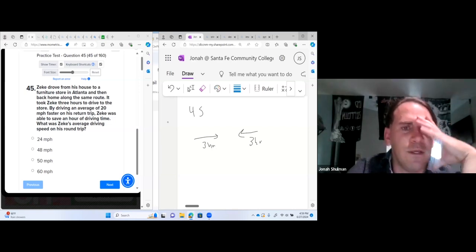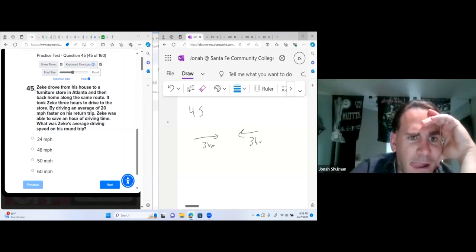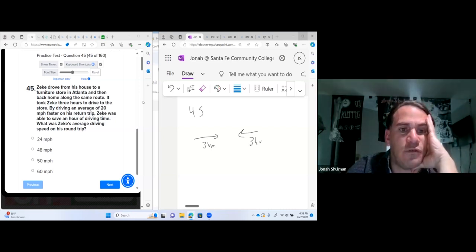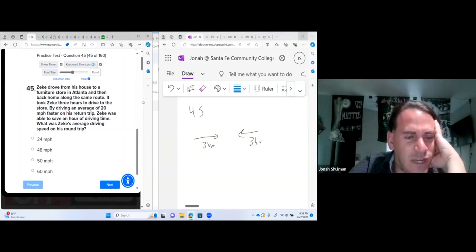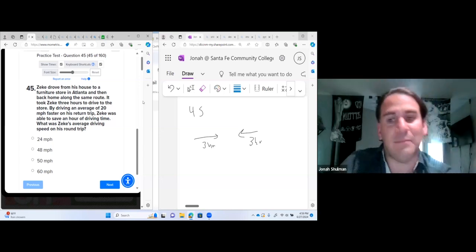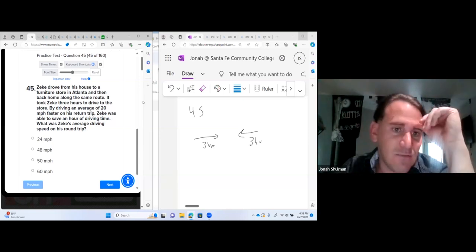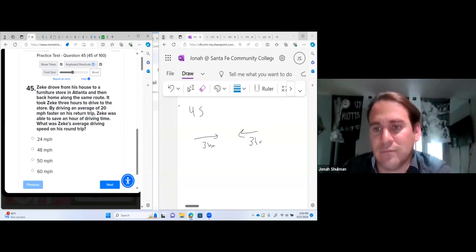Oh, it's just 3 hours one way. By driving an average of 20 miles per hour faster on the return trip, he was able to save an hour. Oh, I missed this line. So it says he was able to save an hour of driving time.